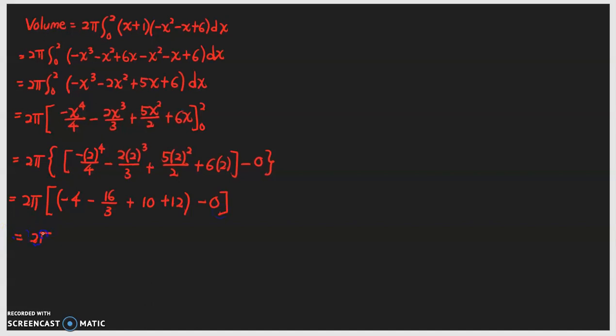So 2 pi times negative 4 minus 16 over 3 plus 10 plus 12. So we have 38 over 3. So finally, 38 over 3 multiplied by 2, I should have 76 over 3 pi unit cube.